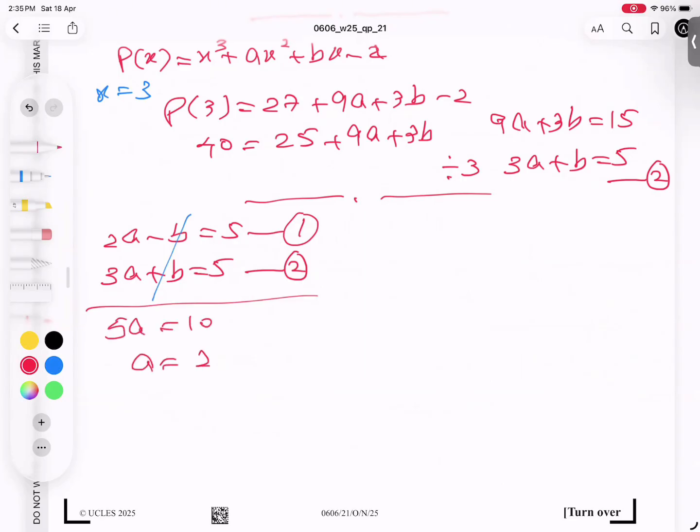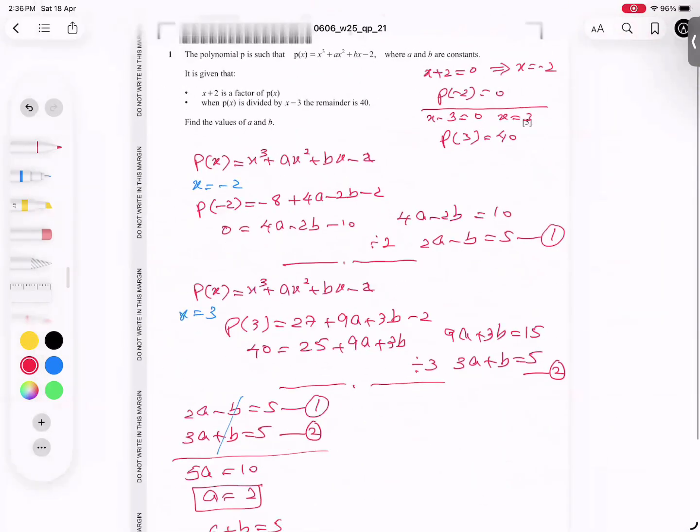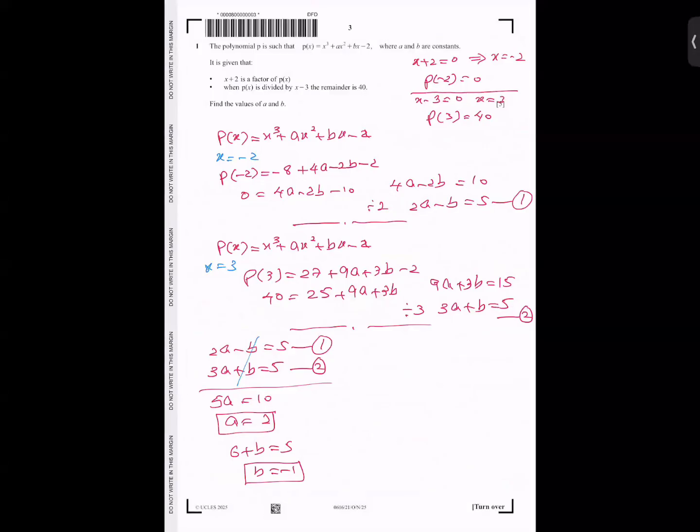Now I'm going to replace this value 2 in any equation. I plug it in here. I got 6 + b = 5, and b becomes -1. And what was he asking? Let me check. Did he ask these two values only? Yes. And the question is completely over.